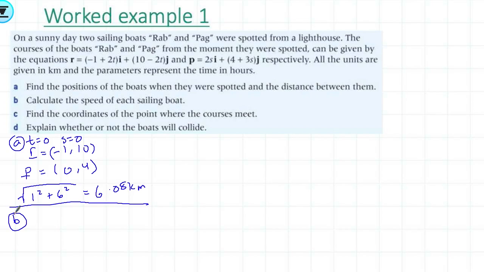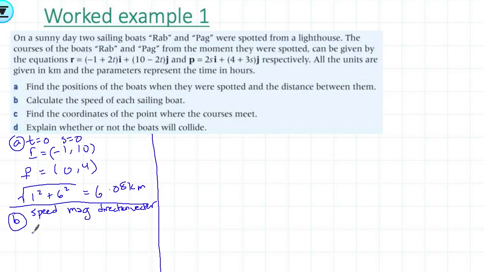Then it says calculate the speed of each sailing boat. So it's nice to note here, now we can make the connection. Whenever a question wants the speed, and you're dealing with these worded problems, speed can be found by taking the magnitude of the direction vector. This is where it shows up.